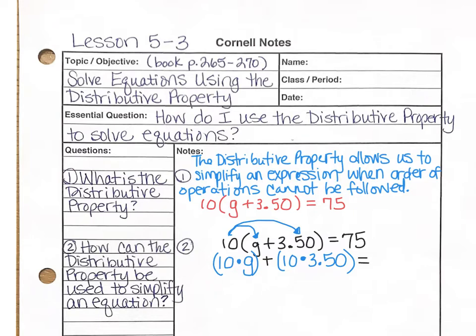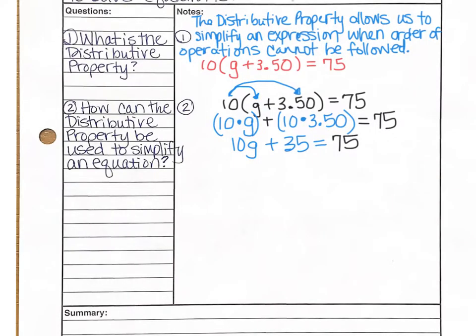What we know now is that the value of the 10 graphic novels, or 10g, plus the extra value, which we get from the increase, or 10 times $3.50, which makes $35, is now equal to the total value, which was $75. Remember that in order to simplify this equation, in order to solve it, we have to take the 10 from the outside of those parentheses right here, and we have to apply it to each of the terms on the inside.